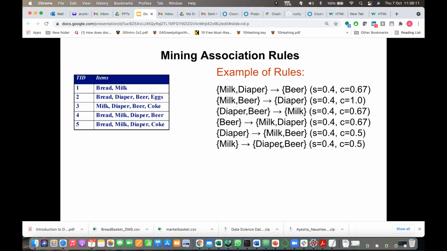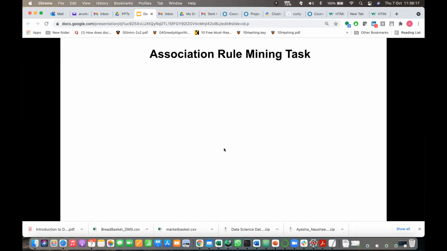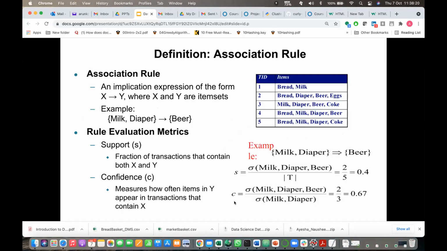That is the support count. Your formula is: support is of milk, diaper, beer, so you need to take the union of X and Y, divided by the total number of transactions. Then confidence is the support of all those things divided by the support of X.